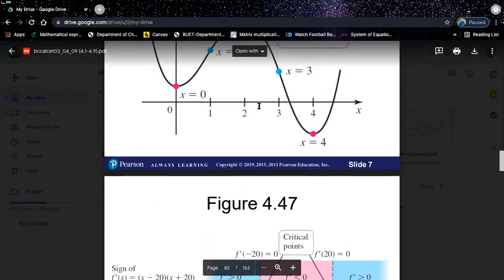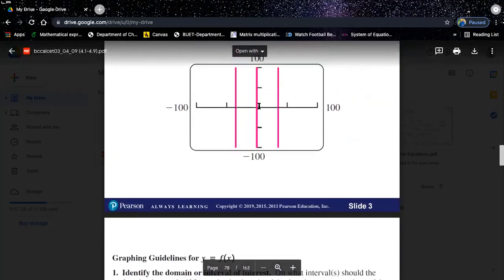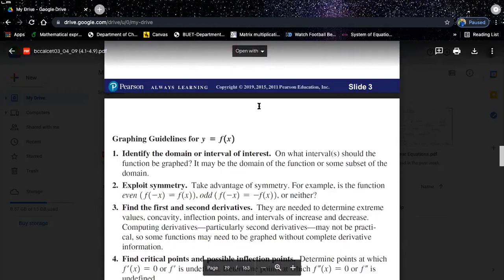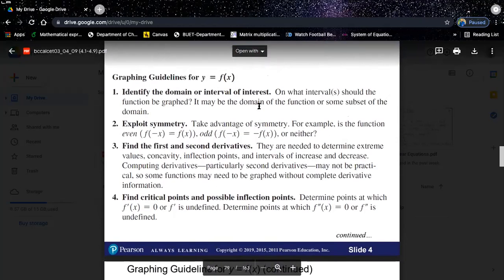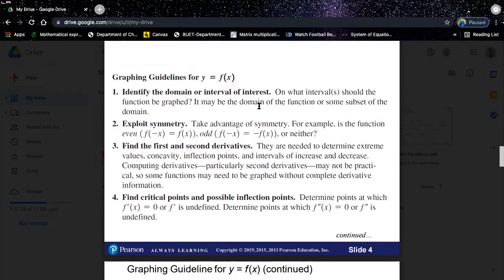So how can you use that? If you have a function, you can actually check whether it's even or odd, or it might be said that it's an even function, or it's an odd function. Now, how can you use that? So first of all, let us quickly go back to the definition of even and odd function.